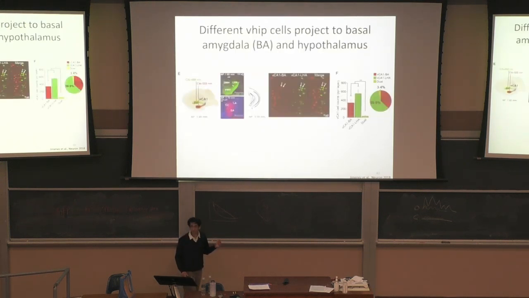Okay, so now they want to see, do the same or different cells project to amygdala and hypothalamus? And the way they do that is by injecting a retrograde tracer of different colors in the hypothalamus and amygdala. And the tracer they use here is CTB, which is short for cholera toxin subunit beta.